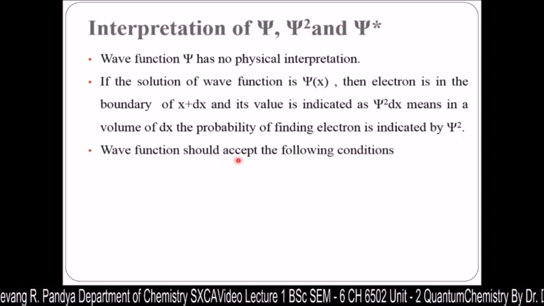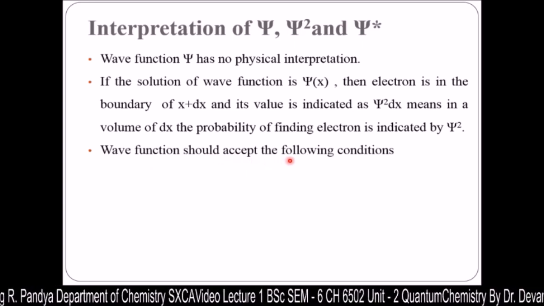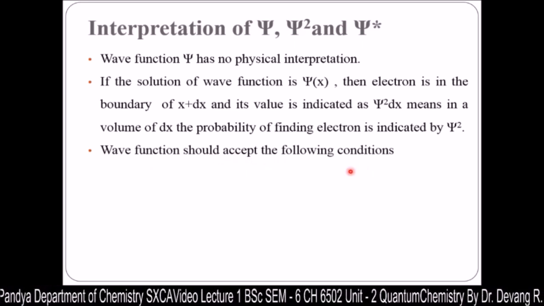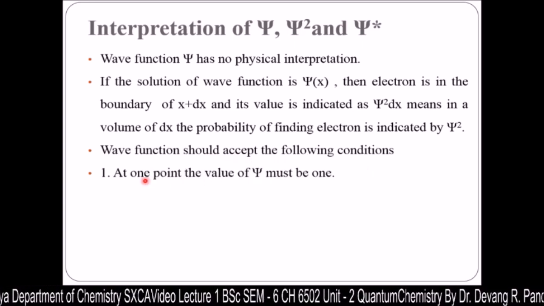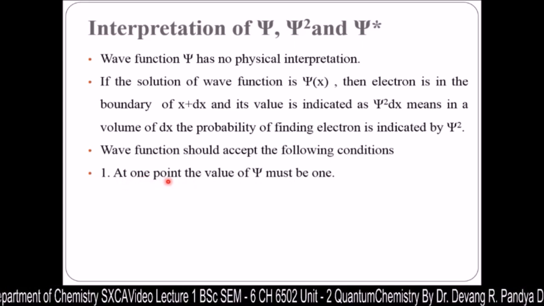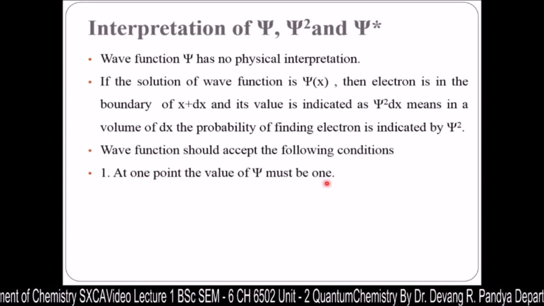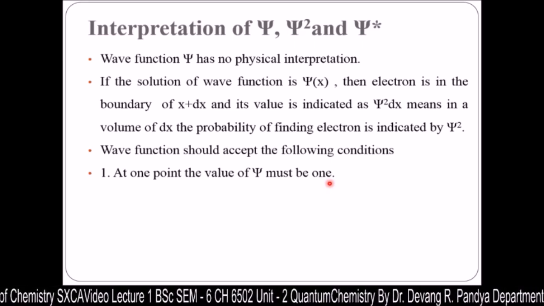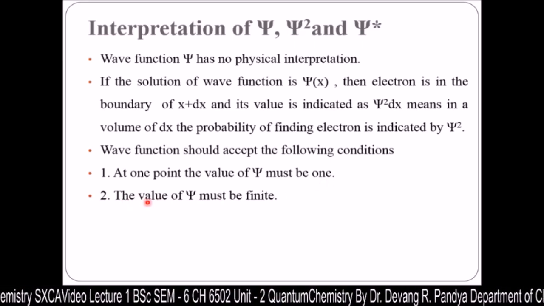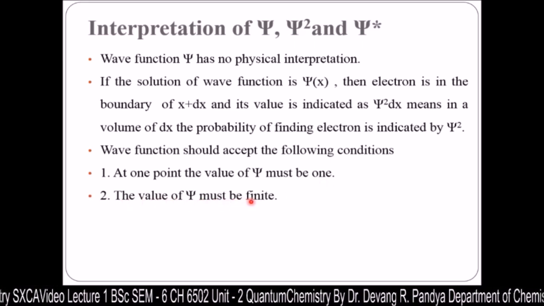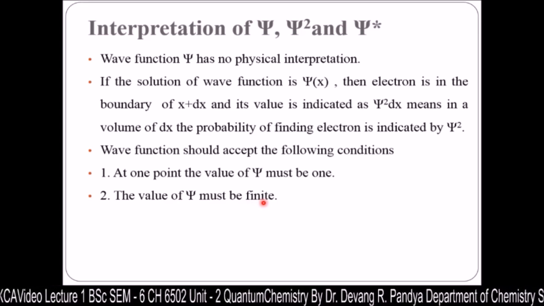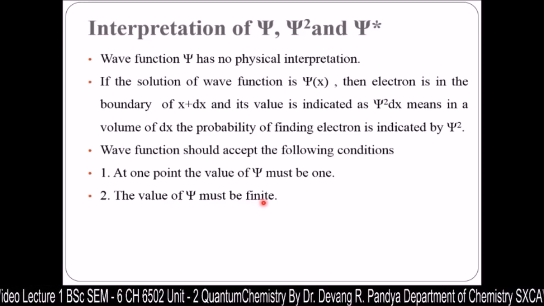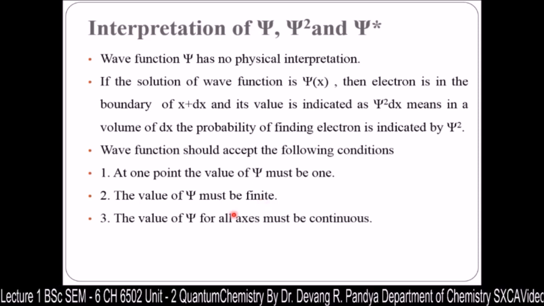The wave function should satisfy the following conditions, which you have already studied in lower classes. At one point the value of psi must be single-valued. The value of psi must be finite; it shouldn't be infinite at a particular position.